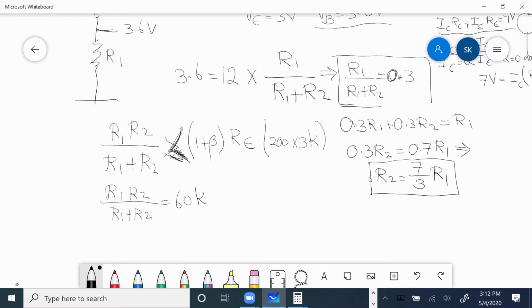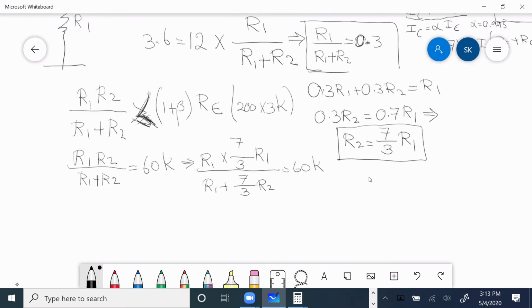So again, from there we can say R1, and for R2 we just put 7 over 3 R1, divided by R1 plus 7 over 3 R1, equals 60K. Let's take a common denominator.